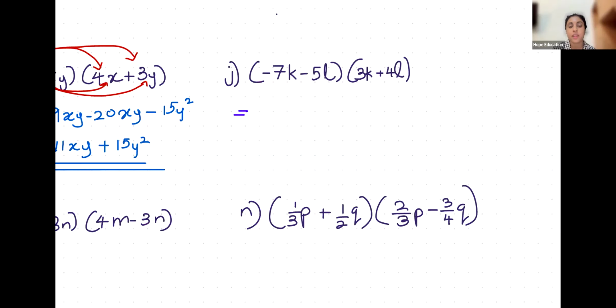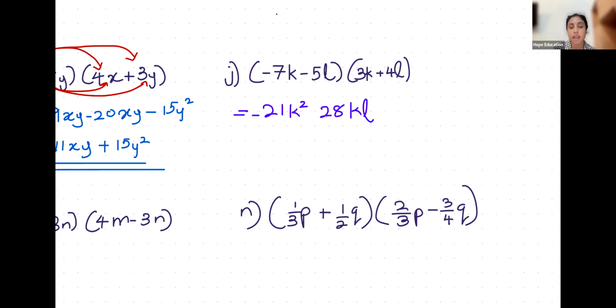Then here 7k times 3k. 7 times 3 is 21. K times k is k squared. Here minus, here plus. Minus times plus is minus. Then 7k multiplied by 4l. 7 times 4 is 28. K times L is KL.